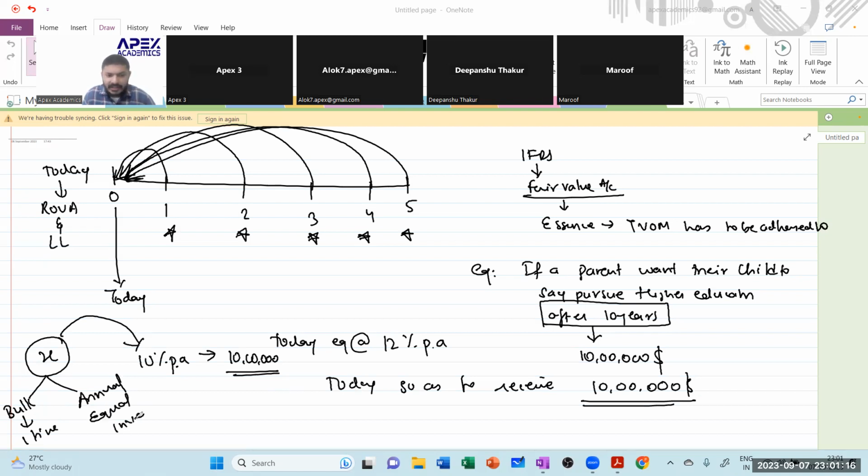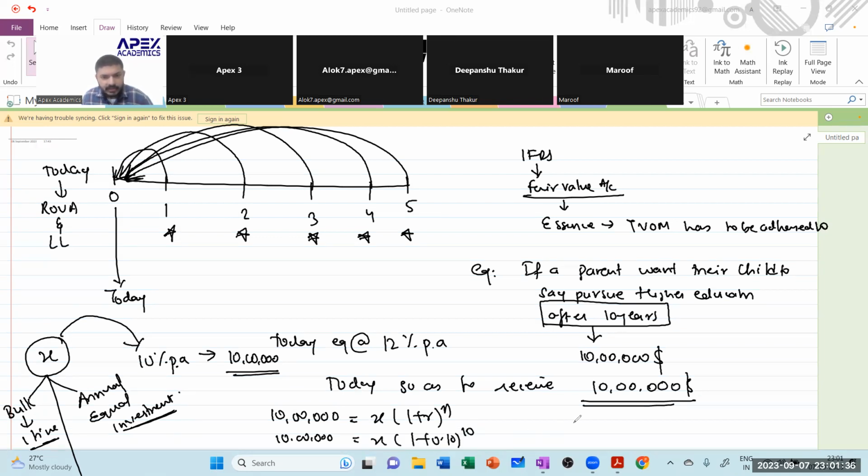That is the question we need to ask. Are you understanding the distinction between these two concepts? Just hold on for 1 second. I need my calculator.